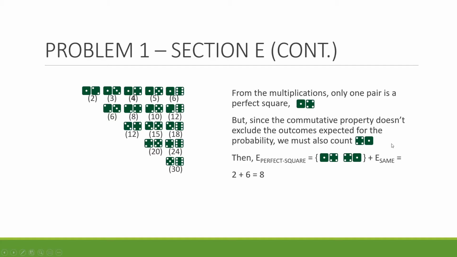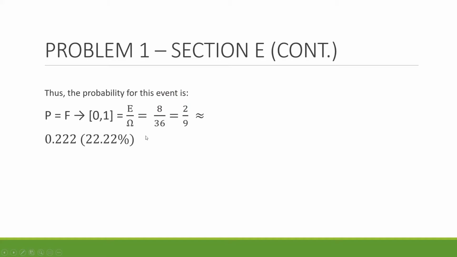So to get the event collection for the perfect square, we get 1 and 4 and 4 and 1, plus anything from the event collection of the same number. That is 6. So 2 plus 6 equals 8. And finally, we get that the probability for the event is event collection over sample space, that's 8 over 36, simplifying, that's 2 over 9, or 0.222, or 22.22%.